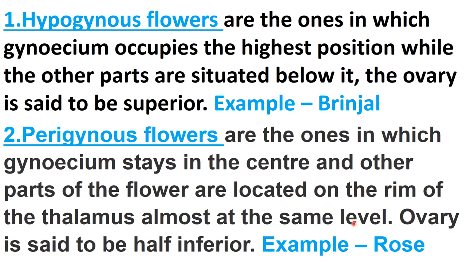So here ovary is neither superior nor inferior, okay, because all the members along with ovary, along with gynoecium, all other members like sepal, petals and anthers are also present at the same level. So in this case, ovary is said to be half inferior, okay, and such flowers are called perigynous flowers, and such condition is found in rose.